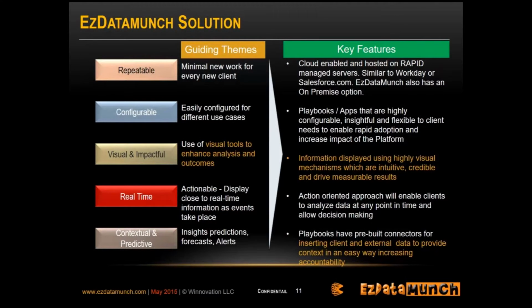What are the key tenets of our solution? Our solutions are repeatable. If you are looking at analyzing data across one location or multiple locations, multiple business units, companies, or franchise operations, you can use the same application framework across your organization. We also provide cloud as an option, so if you want to deploy and use cloud versus your own infrastructure, you can do that.